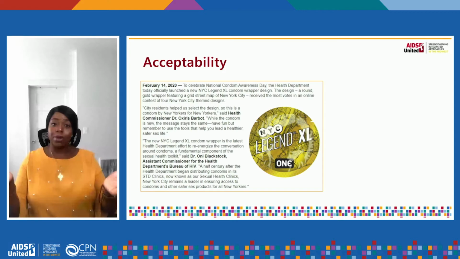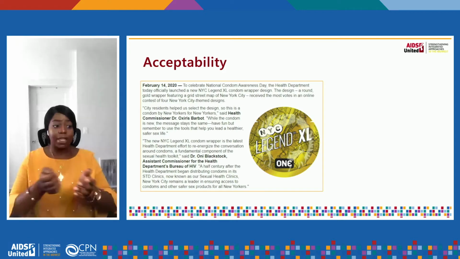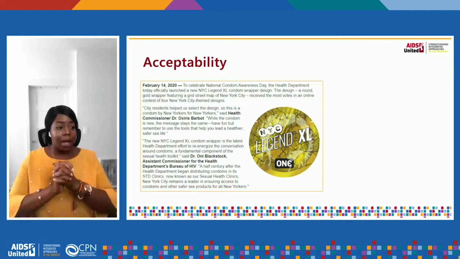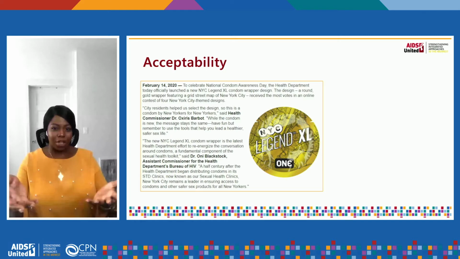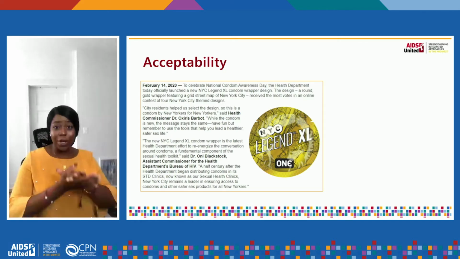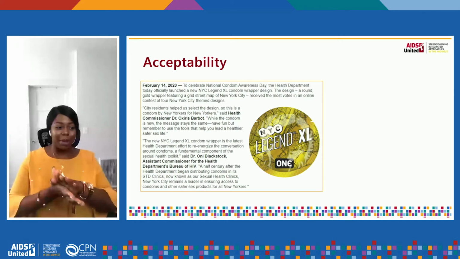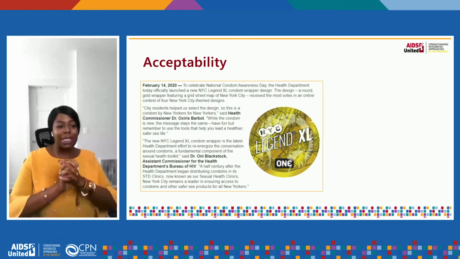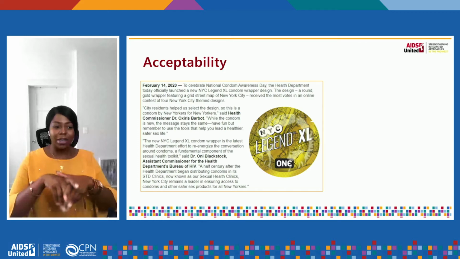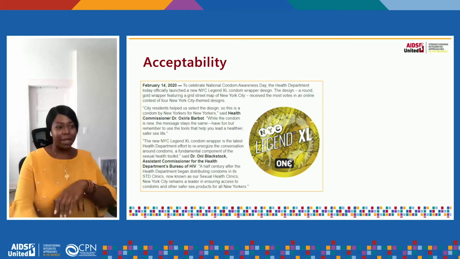And in 2005, the program put resources into building an online ordering system to make the condoms more accessible and a bit more discreet, because it just comes straight to wherever you're located. At this point, the orders increased exponentially. With the introduction of the online ordering system, the program decided it was now time to shift gears. And in 2007, the program began focusing on their next A, acceptability.